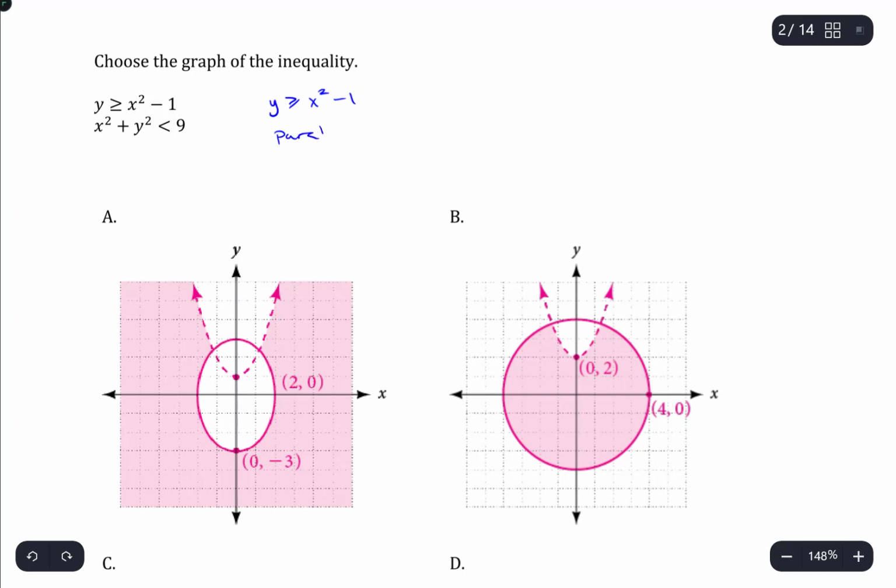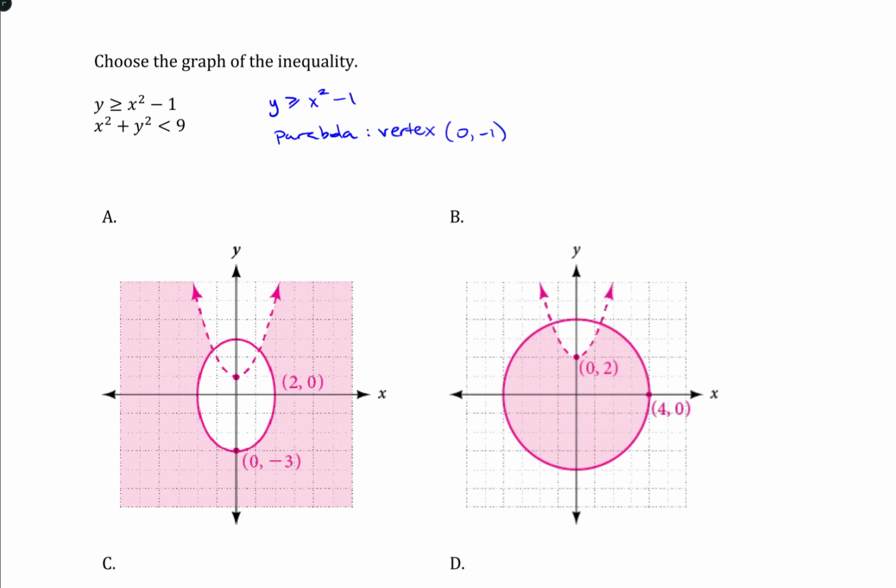So this is going to be a parabola, and that vertex of this parabola is easily seen here. And that vertex is at 0 on the x, because there's no change to the x here, then -1 on the y. Okay, now let's see what else we can determine about this.